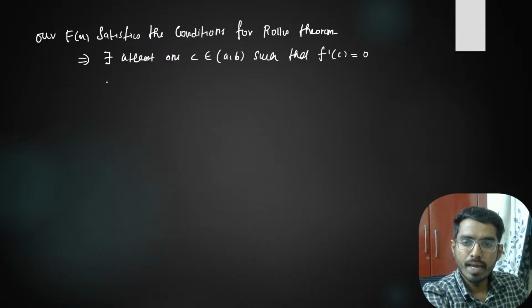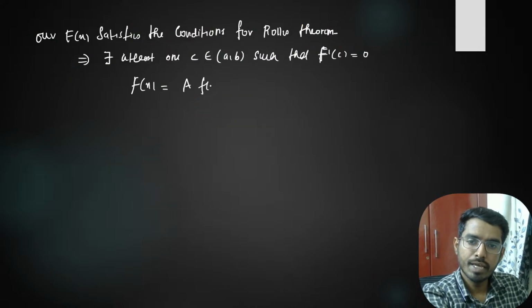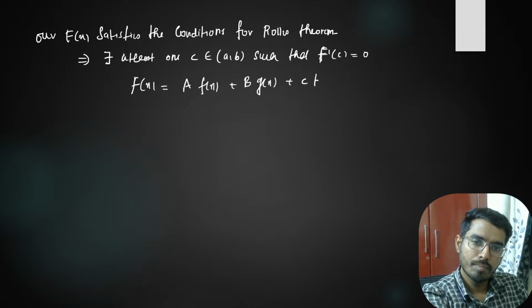Now, what is our capital F dash of c? Because our capital F satisfies this, right? Now, what is our F of x? Capital F of x is a into f of x plus b into g of x plus c into h of x. Now, what is F dash of x?